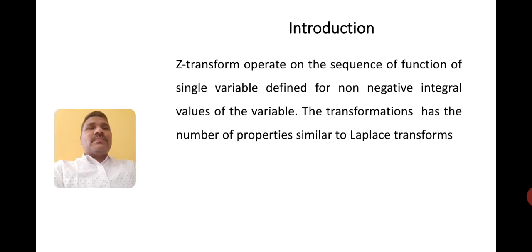The Z transform operates on a sequence of a function of a single variable defined for non-negative integral values. Please remember these words: operates on a sequence of a function of a single variable defined for non-negative integral values of the variable.